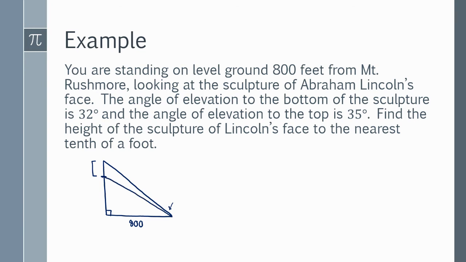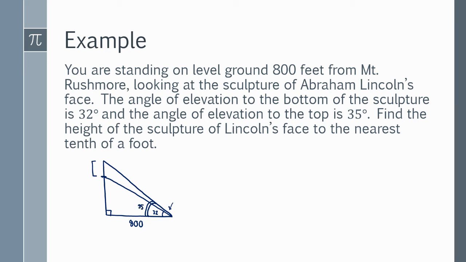That's better. So this little angle down below is going to the bottom of Lincoln's face. That's the 32-degree angle. And then the whole entire triangle angle, this big angle down here, is going to the top of Lincoln's face. So that's the 35-degree angle.